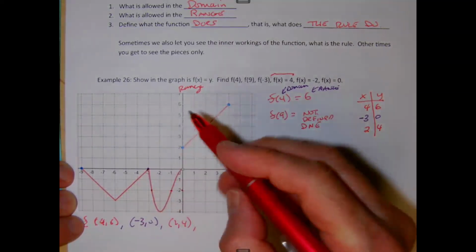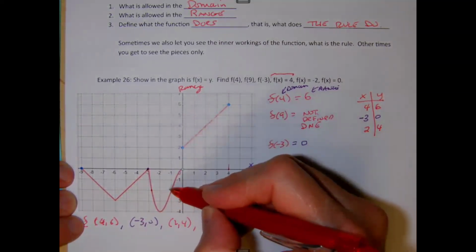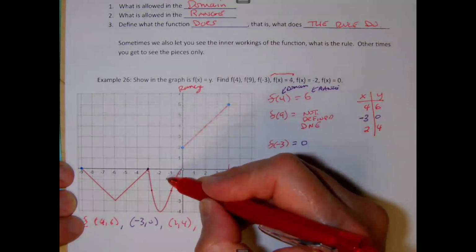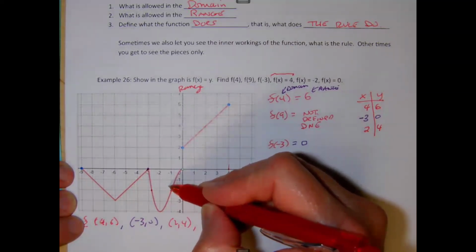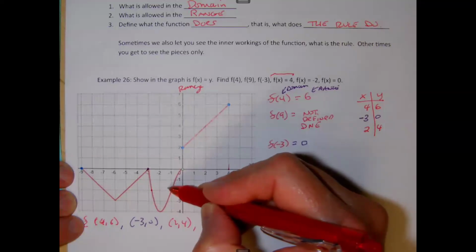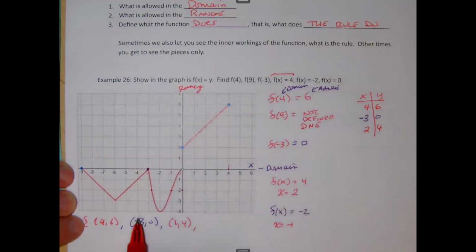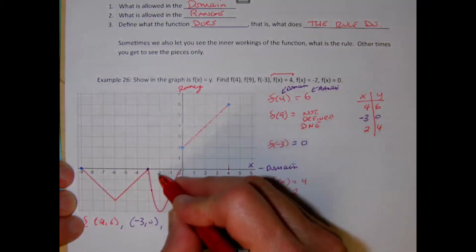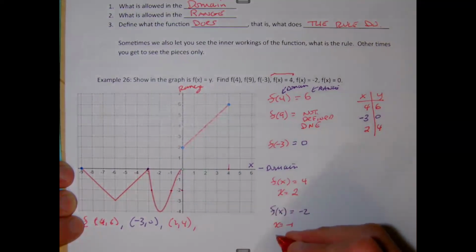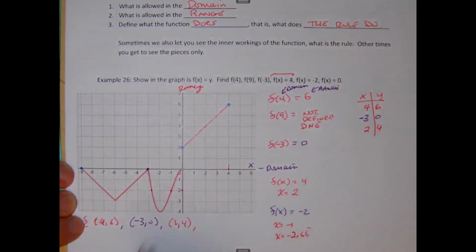Let me read this: 1, 2, 3, only 3 lines. So this is really 2 and 2/3, so x also equals negative 2 and 2/3, or negative 2.666666.